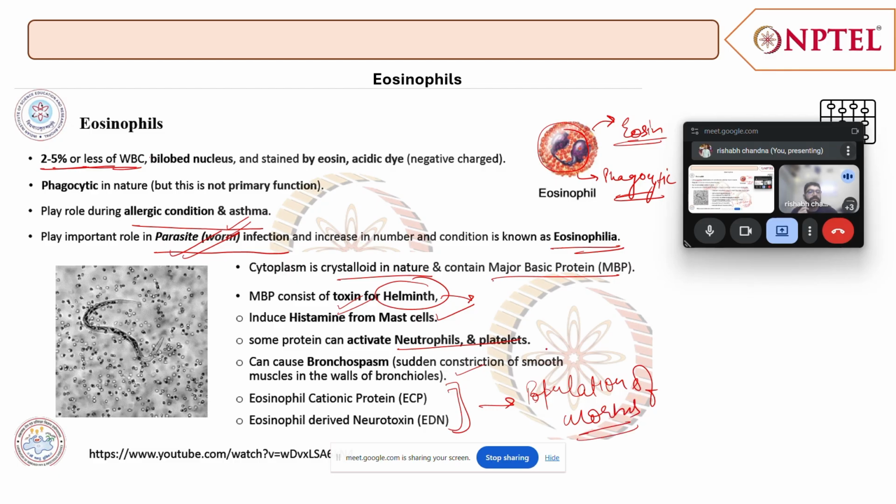So they directly act upon the population of the worms using these two major proteins, and kill them.